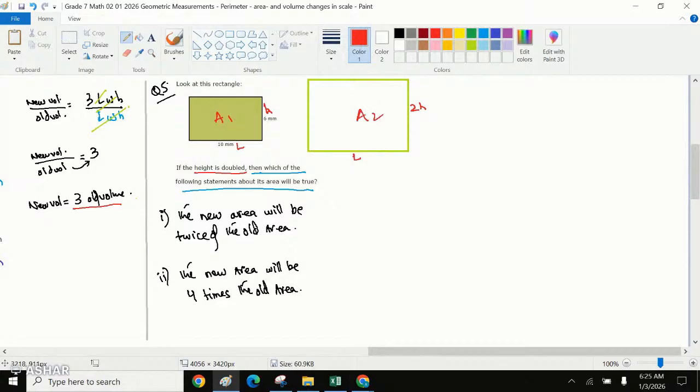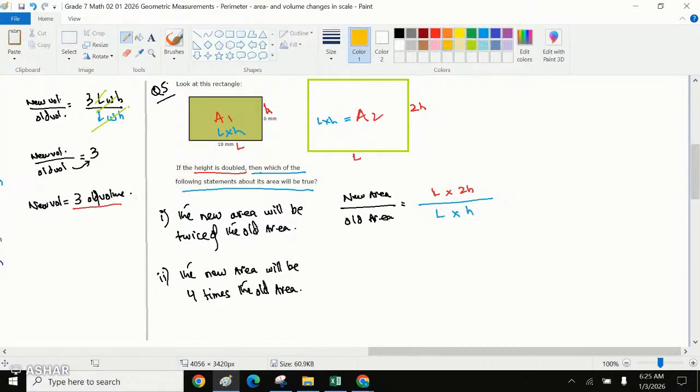Rather than doing work separately, we can do it together also. We can say new area divided by the old area. Area would always be equal to length times height in this case, right? So the old area was length multiplied by the height, and the new one is length multiplied by 2h.